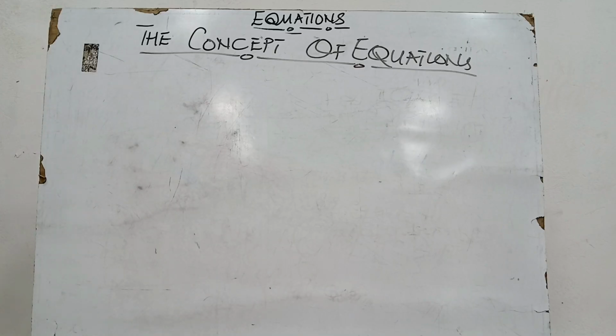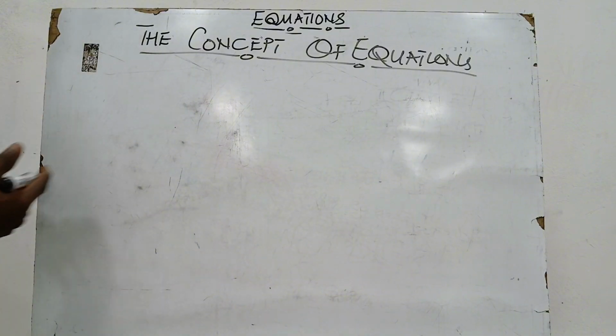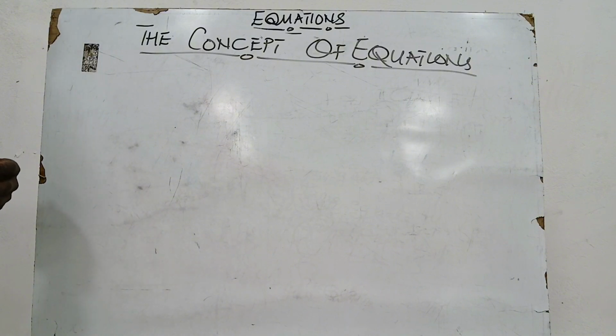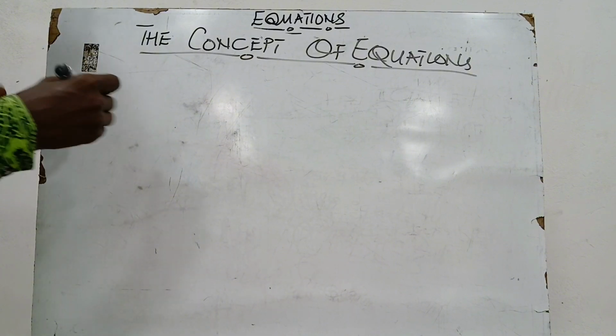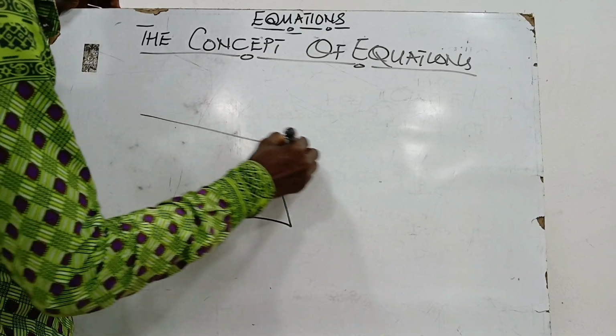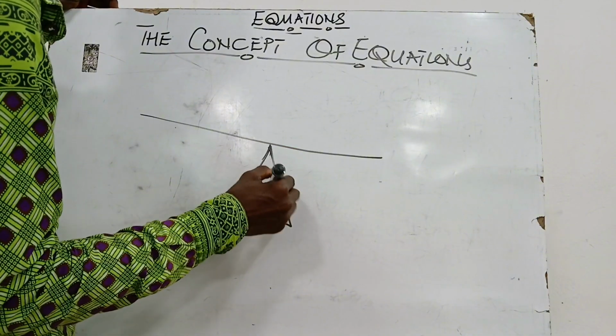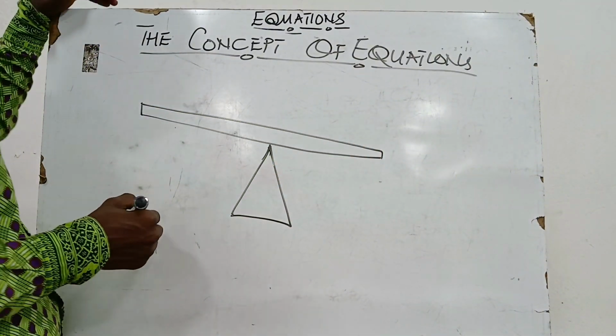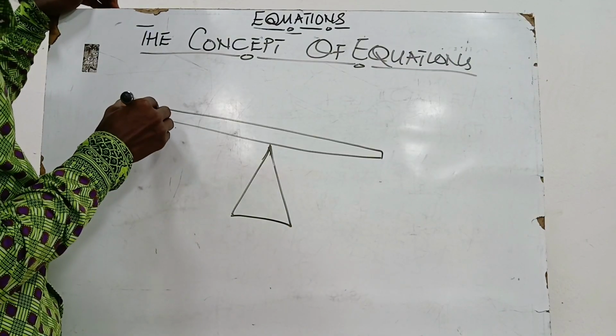Now, let us look at the concept of equations. I wouldn't waste a lot of time here. I want you to really understand the concept of equations. The concept of equations can be associated with a seesaw. Are you getting it? Then there is a bar, right? I think this side is longer, something like this.